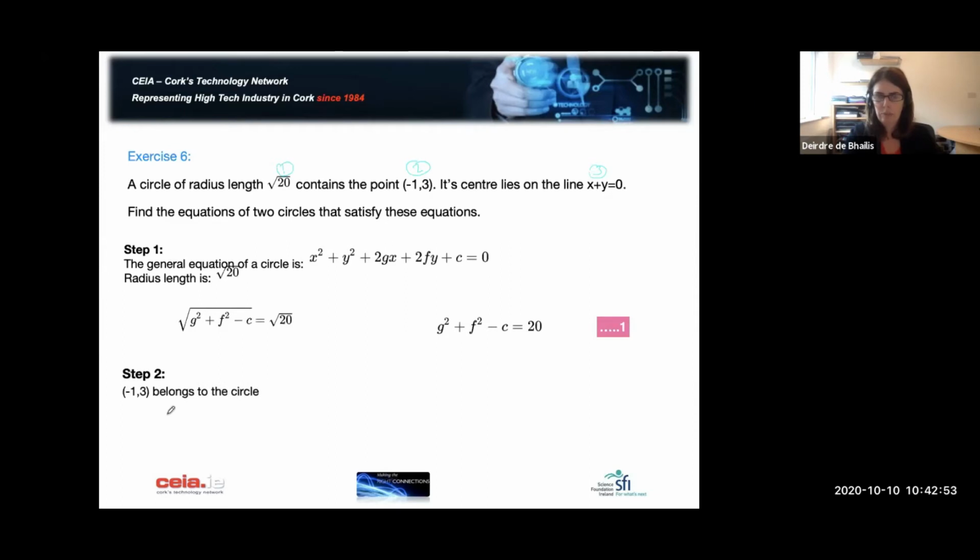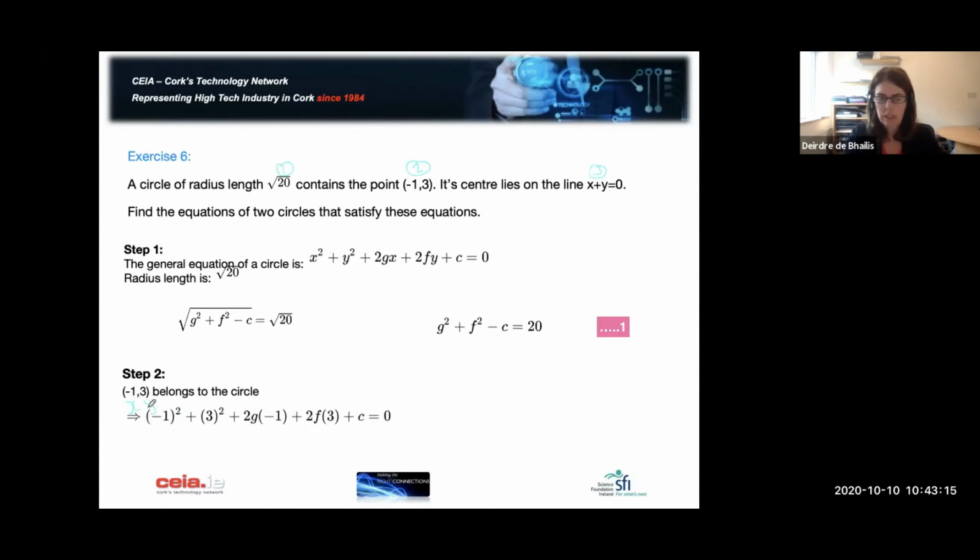Step 2. We're told that minus 1 and 3 belongs to the circle. That means that minus 1 and 3 satisfies the equation of the circle, which means we can place minus 1 and 3 in place of x and y in the general equation of the circle.